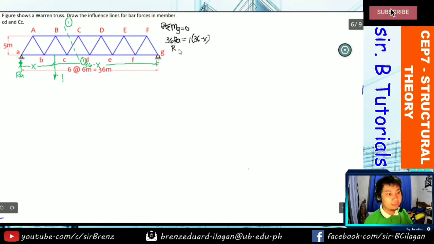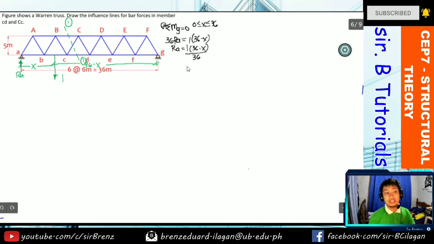Or RA can be written as 1 times 36 minus x all over 36. This is the equation for RA, valid for x from 0 up to G. Meaning, your 1 unit load is moving from small letter a up to small letter g. So this equation is applicable.